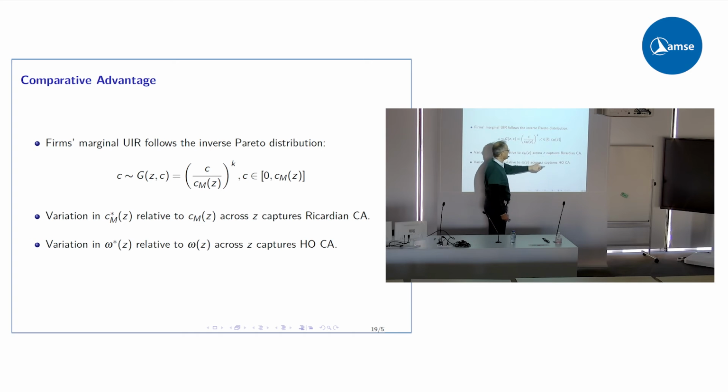Then there is going to be an endogenous selection, and this endogenous selection will complicate, of course, the task of getting to the Cm. So variation in Cm in your country relative to Cm star in the foreign country captures Ricardian comparative advantage. Variation in the factor prices between the two countries captures Heckscher-Ohlin comparative advantage.